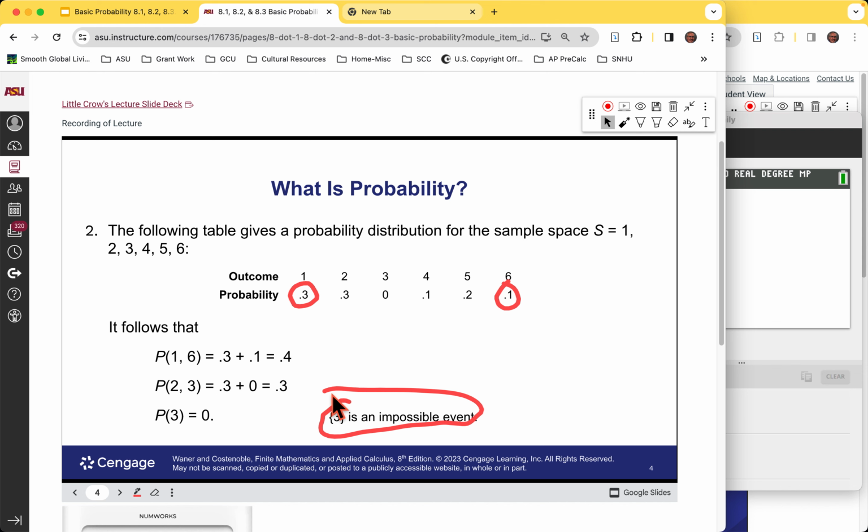But notice if you add all those together, 0.3, 0.3, 0.3 and 0.1, you get 1 or 100%. I'll just write sum equals 1 or 100%.